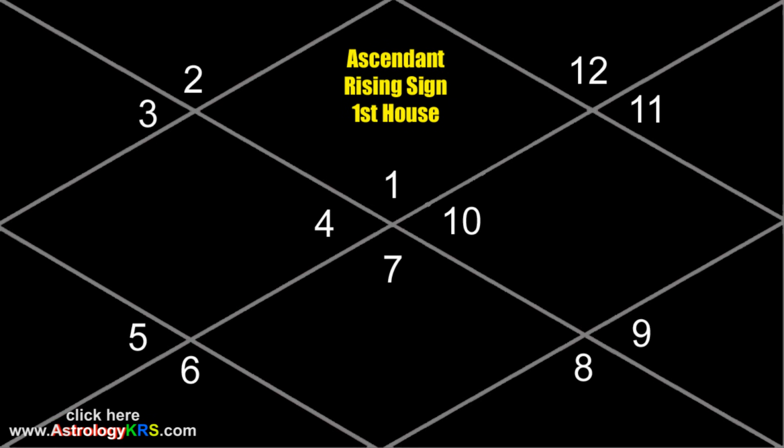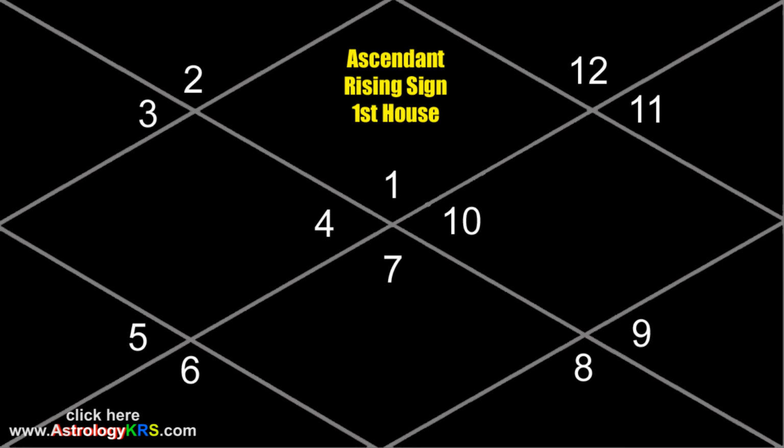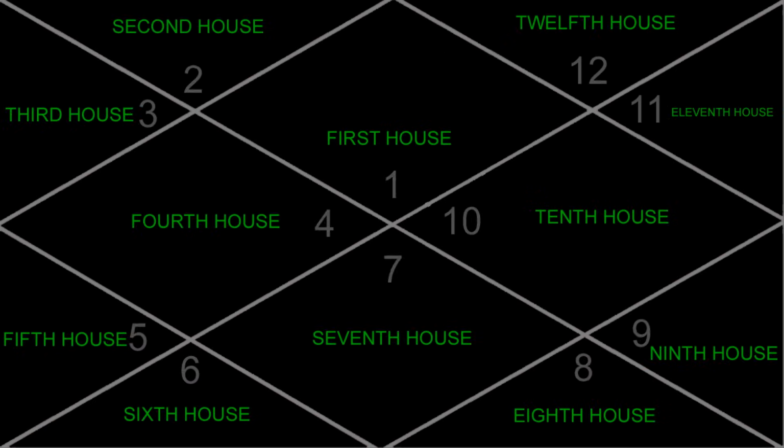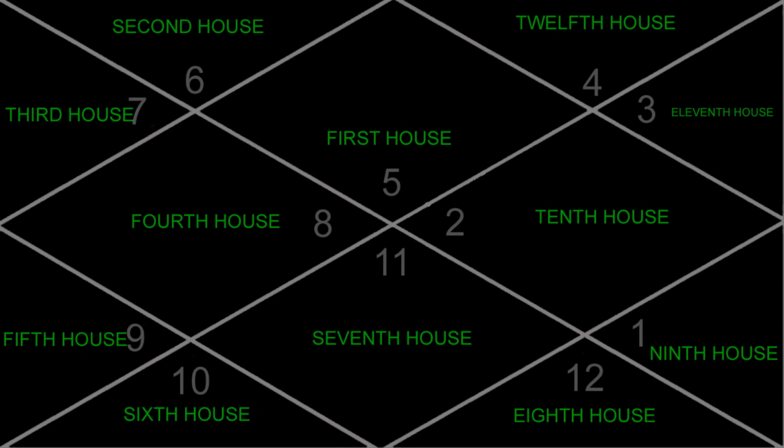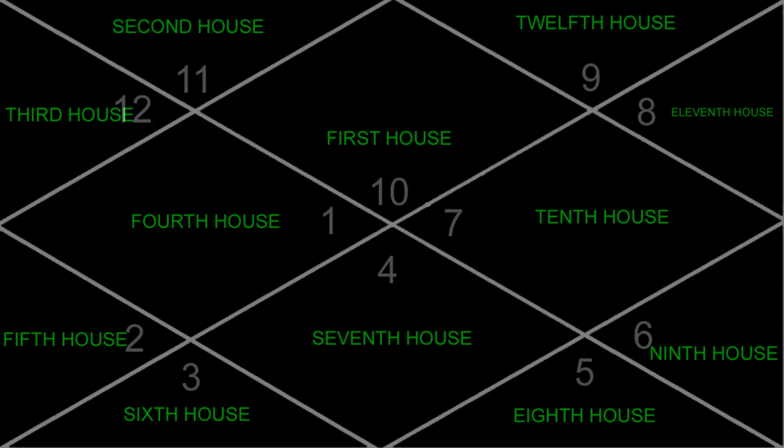Okay, but every 2.5 hours in an astrological chart, the zodiac signs change. The houses stay fixed, like you saw the 5th house, 3rd house, 4th house, all of these houses stay where they are. But the zodiac sign switches every 2.5 hours. And each zodiac sign is 30 degrees long.